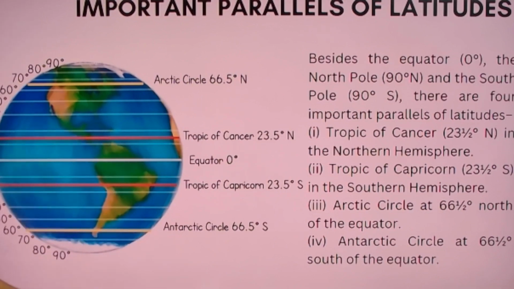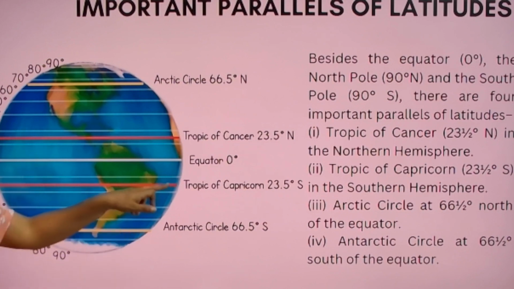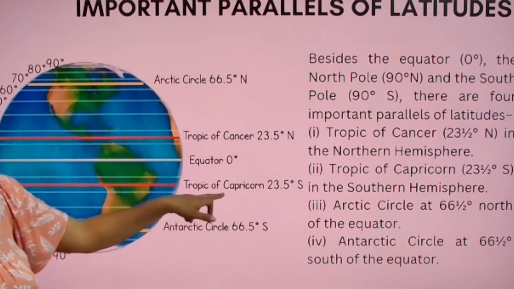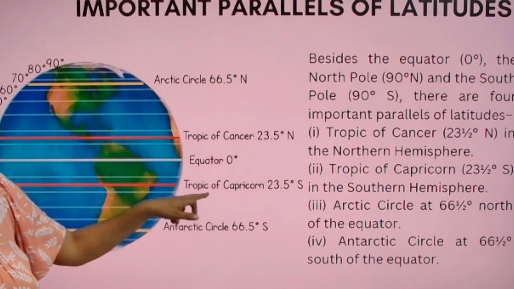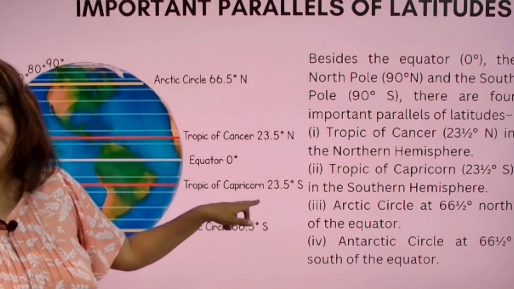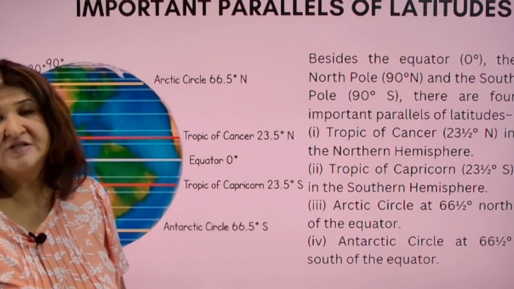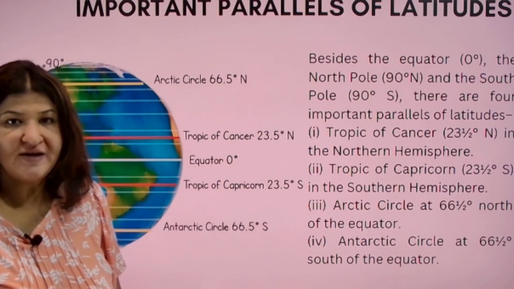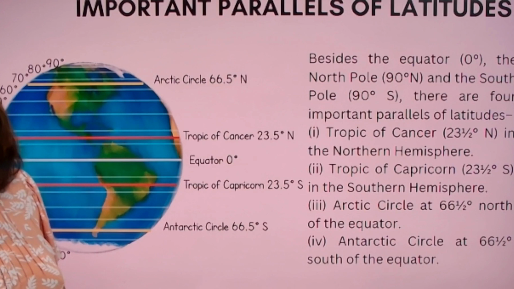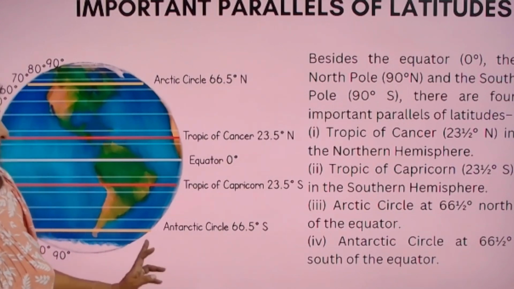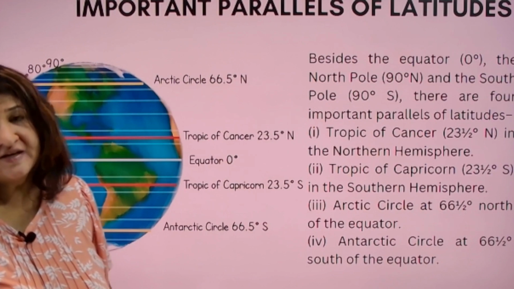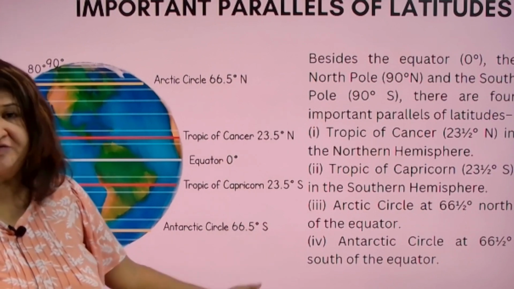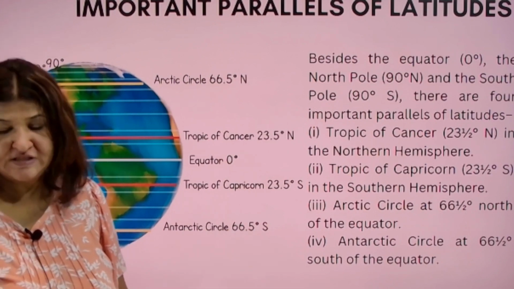Below the equator is known as the southern hemisphere, and when I look at 23.5 degree southern latitude, I can say that the Tropic of Capricorn is in the southern hemisphere. And the Antarctic Circle is at 66.5 degree southern latitude.